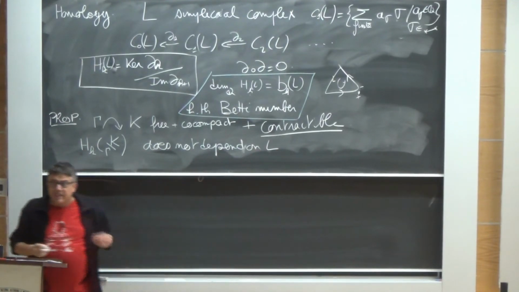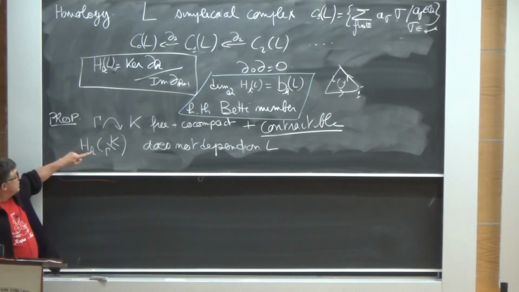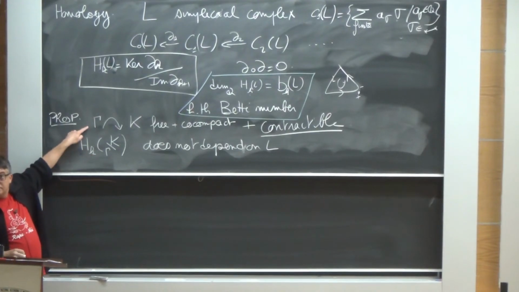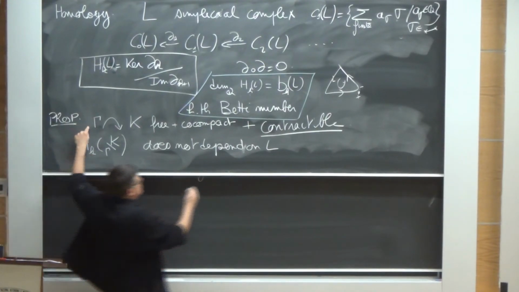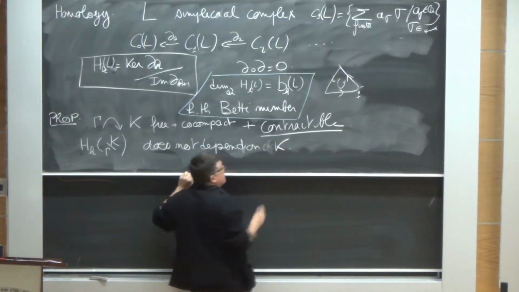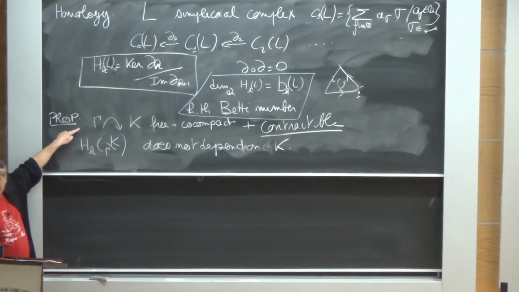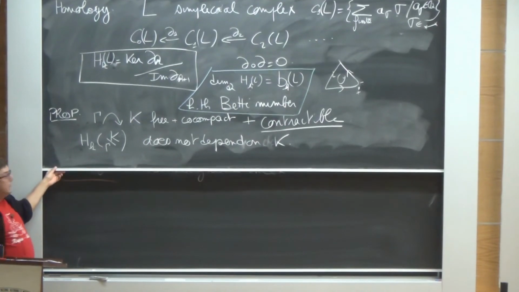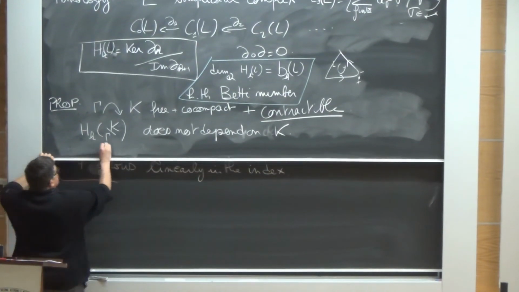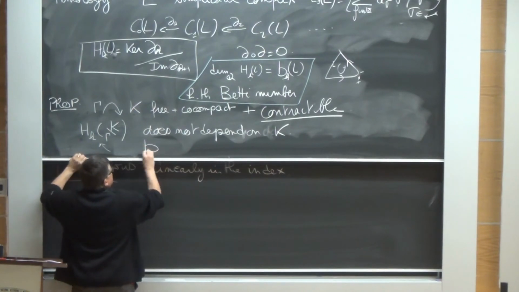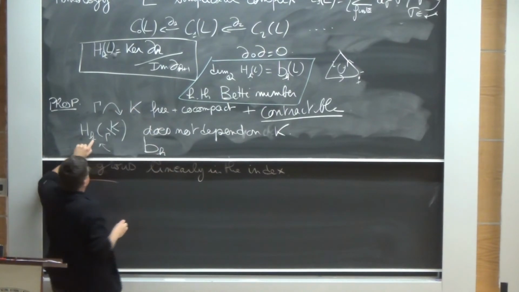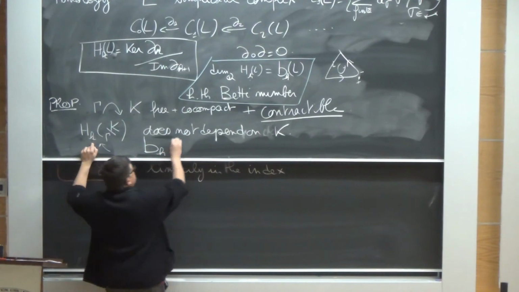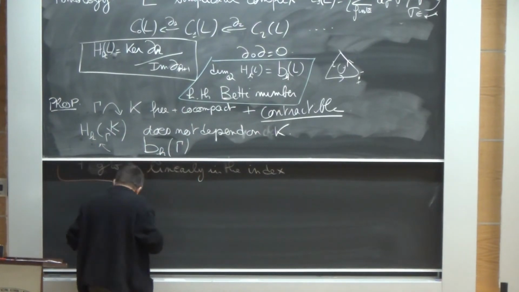What does it mean exactly? It means that it becomes an invariant of the group. Is it clear? And so the dimension bk of that is now denoted bk of gamma.